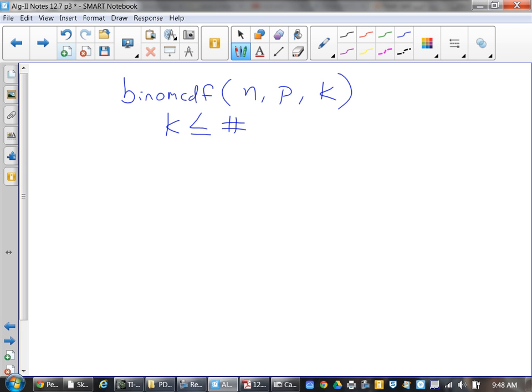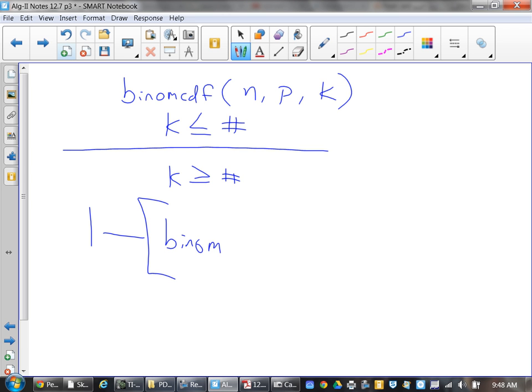Now, if it was spun around and your K value was greater than or equal to some number, what you would have to do is 1 minus the binomcdf of N, P, and the K value is going to be K minus 1. So if it was 55, in this version it would be 54.